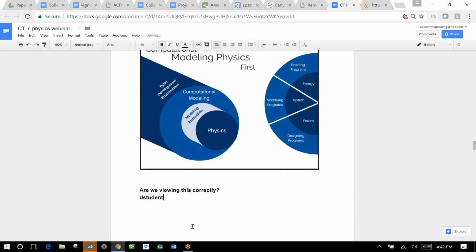Because I think students would very quickly get bored if they first have to learn how to read it and then modify, and then at the end of the course learn how to program themselves. Yeah, it doesn't happen at the end of the course, but it does take probably 4 weeks before they're actually able to write code.